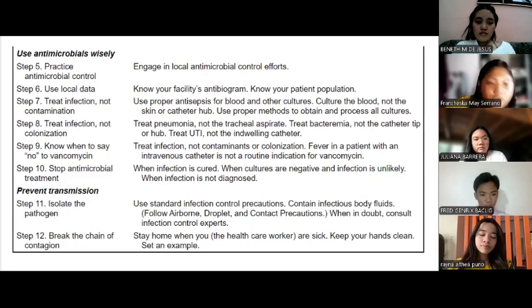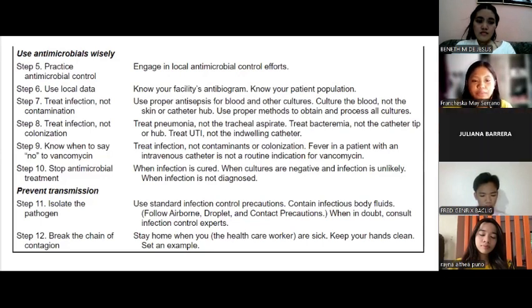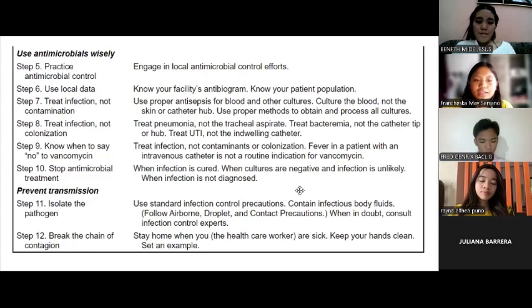Next is know when to say no to vancomycin. We all know that vancomycin is a strong antibiotic and usually used as a last resort. In a healthcare setting, dapat hindi tayo mag-vancomycin unless yun na talagang option.